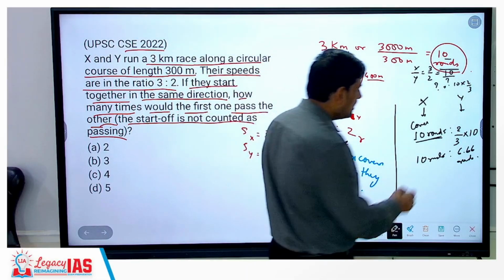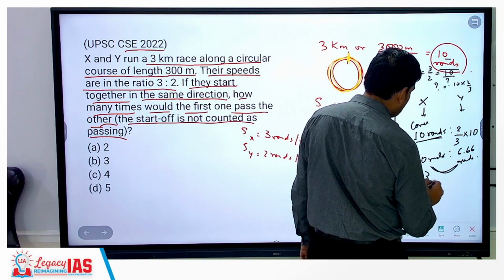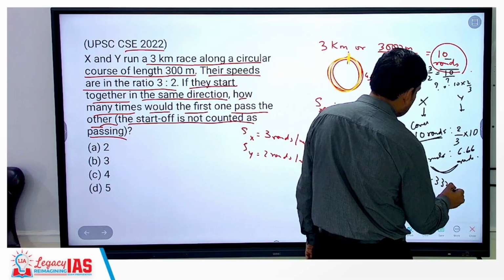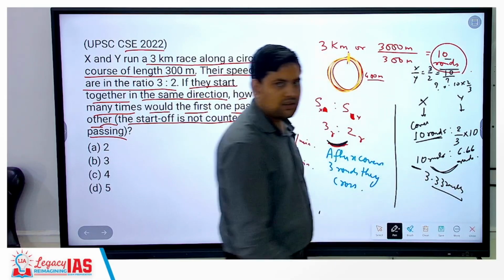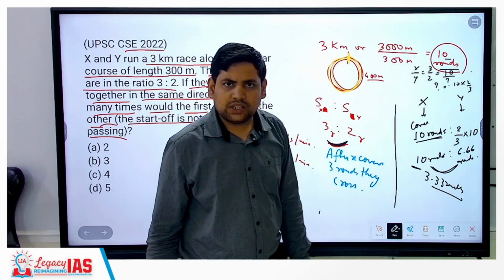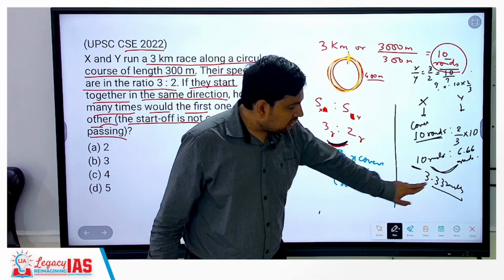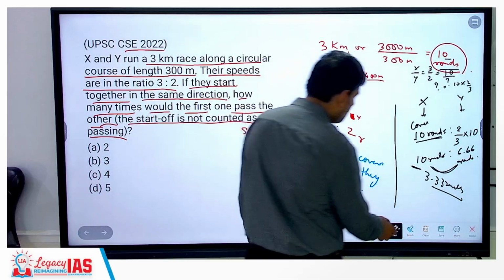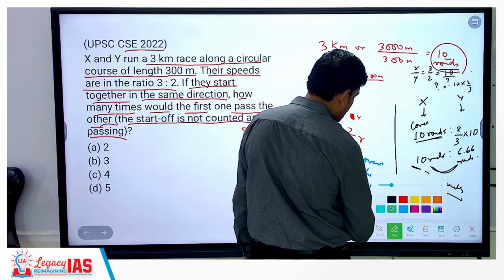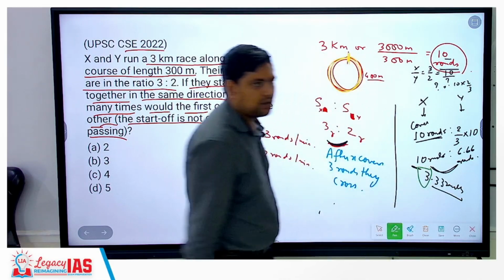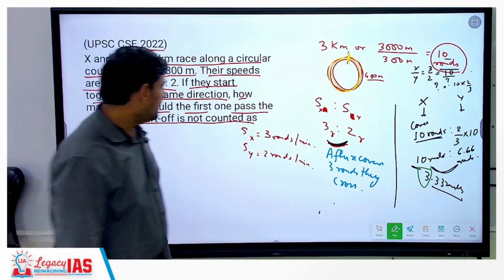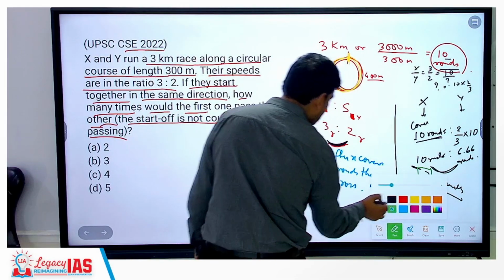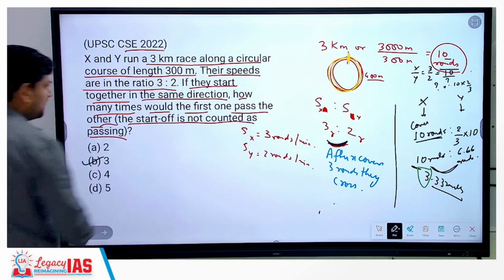Now here the difference is approximately 3.33 rounds, and the race is completed because one of them has completed 10 rounds. So if you got 3.33 rounds, how many times will they meet? You just need to worry about the whole number here, that is 3. They will meet 3 times.